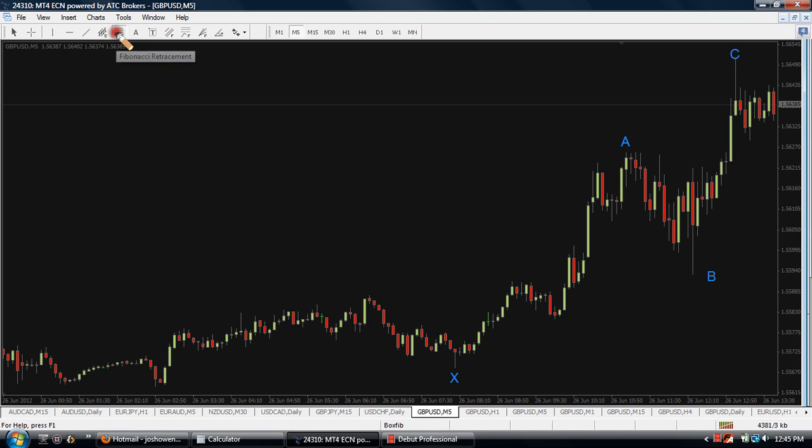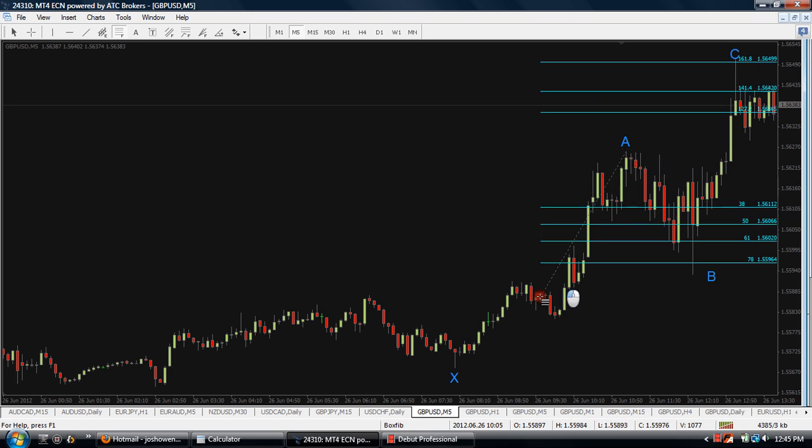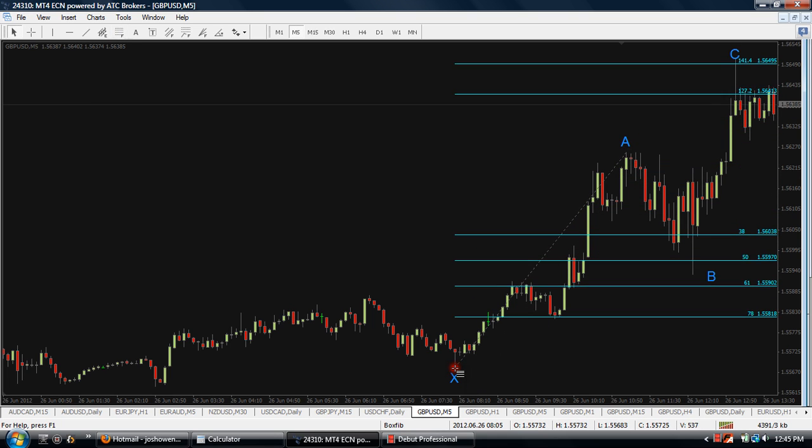So I'm going to put the fib tool on it now, and I'm going to go from the A high down to the X low, and you'll know that you've got the fib tool pulled properly because as the retrace happens where price came from, the X to the A, it's retracing back down, and you've got the 38 and the 50 and the 618.